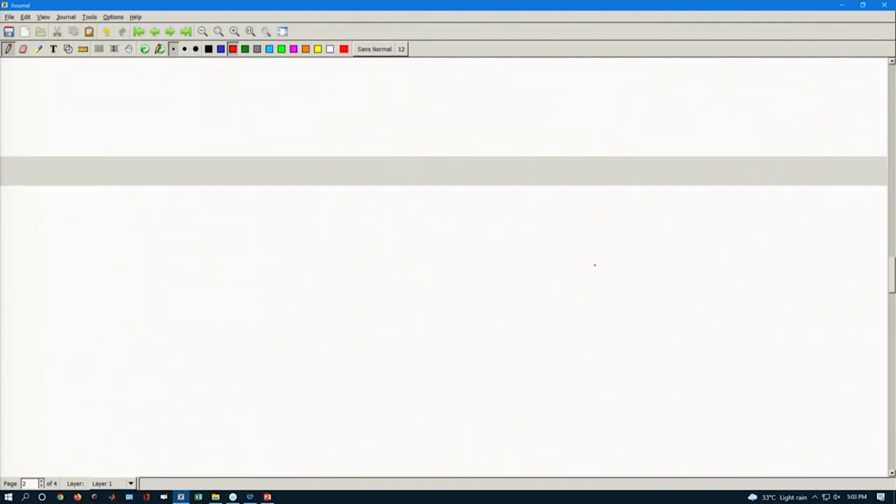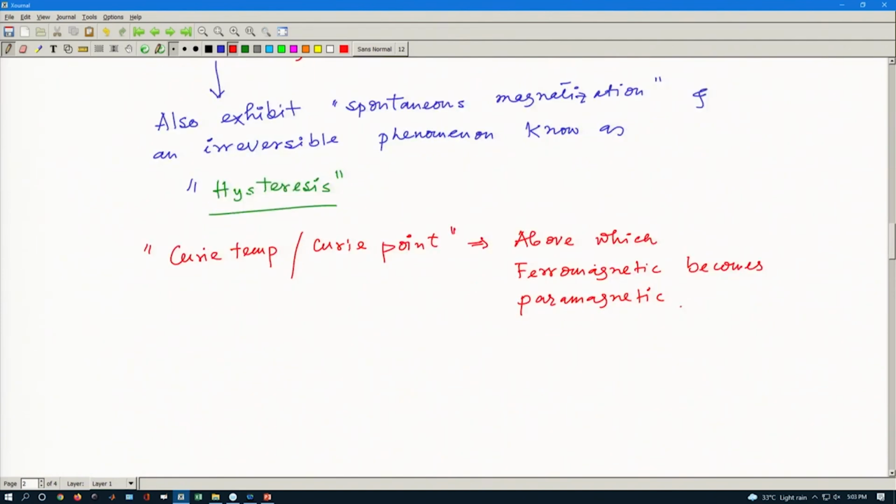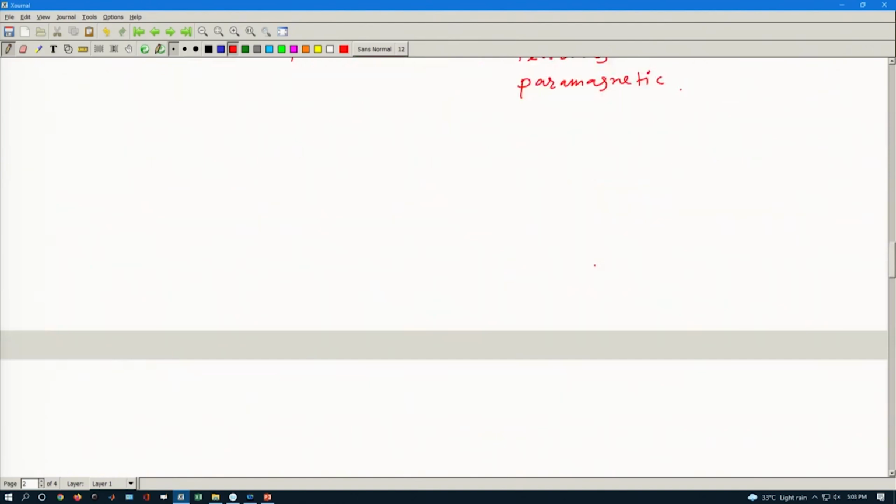So, if I plot that, what is the meaning of this non reversible thing and this stuff. Here let me plot it. So, I have a ferromagnetic material, and I want to plot this.